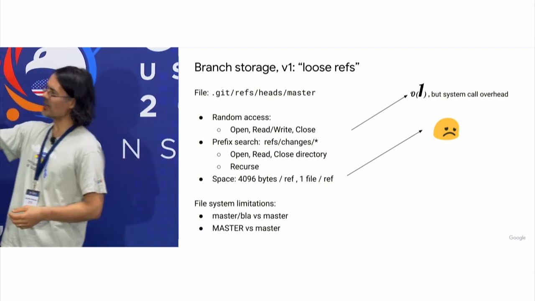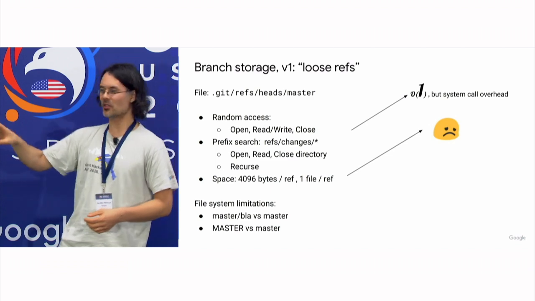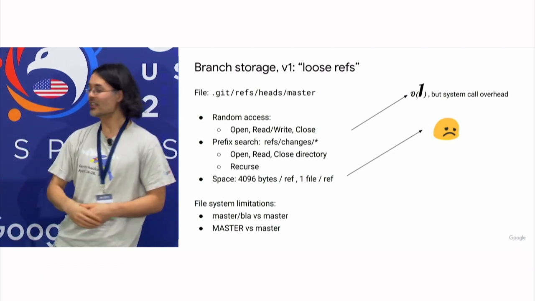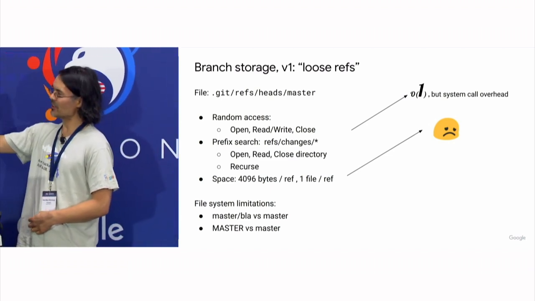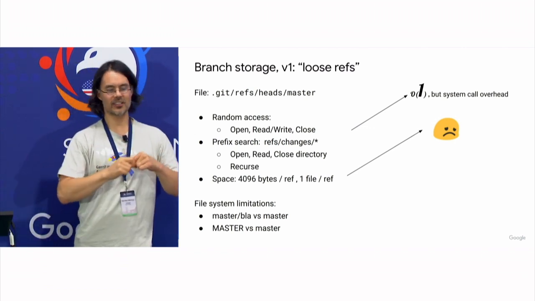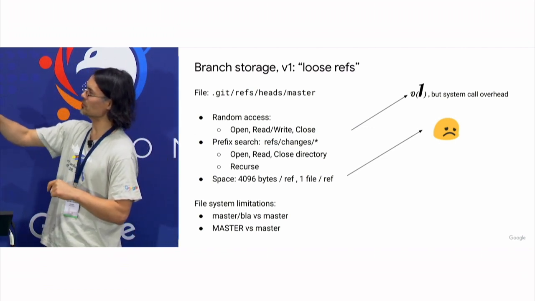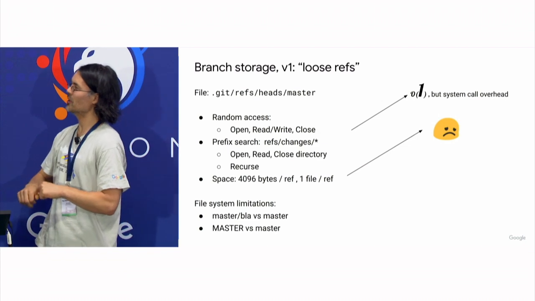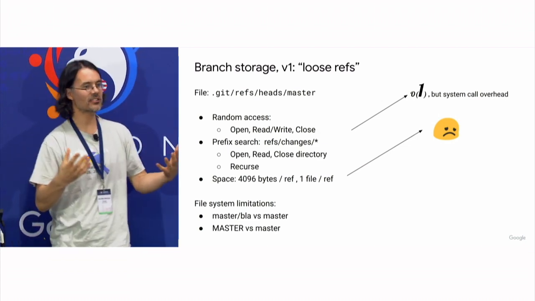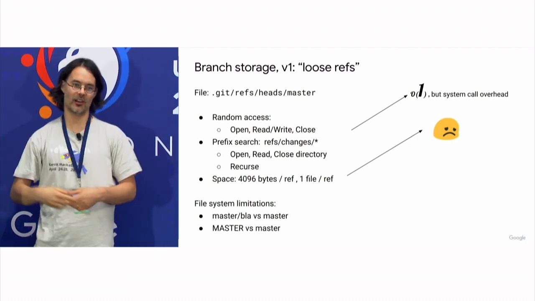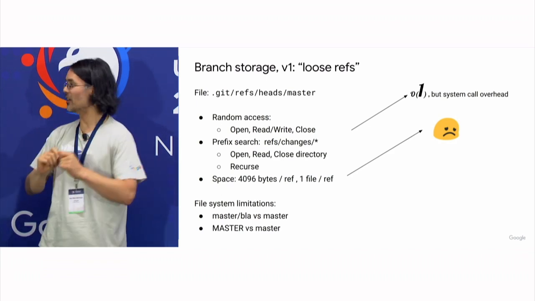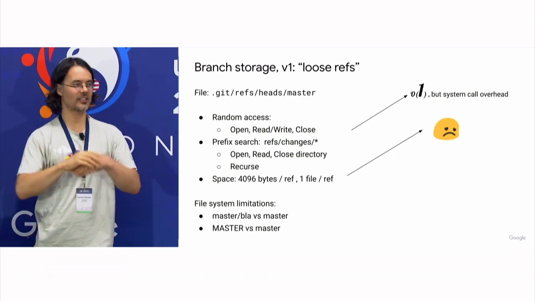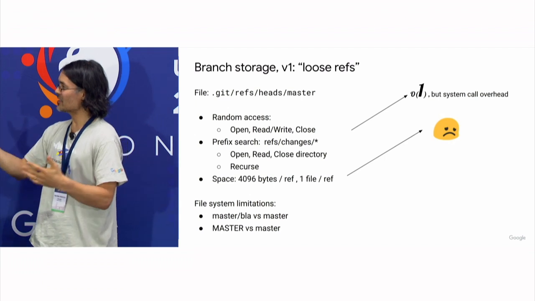It's because the basic storage structures are really simplistic. For example, if you go to your .git directory, there's a directory called refs, and then a subdirectory called heads, and if you change your master branch, there will be a file there. The file has 40 characters, it's a hex SHA-1, and that's what the branch is.